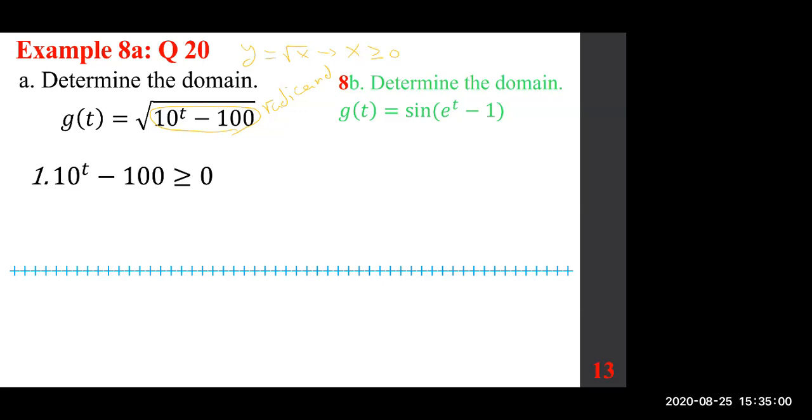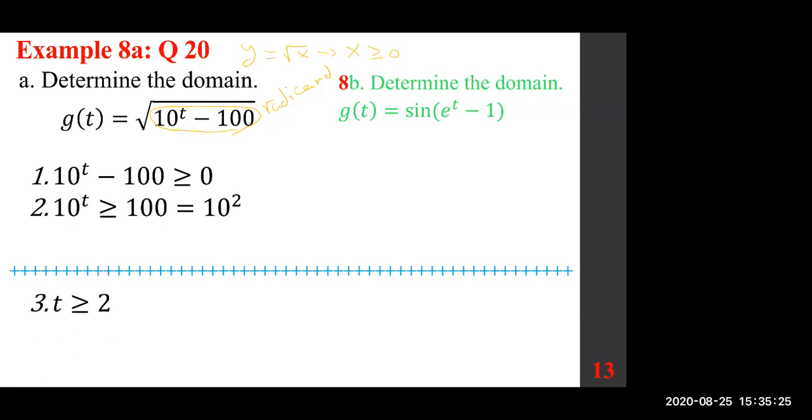We move the 100, and we know 100 is equal to 10 squared. Everybody knows that. So 10 to the power of t larger than or equal to 10 squared.